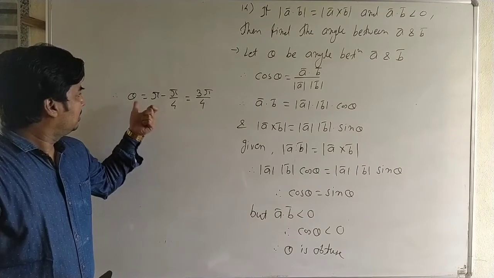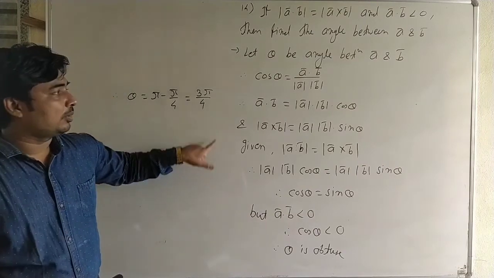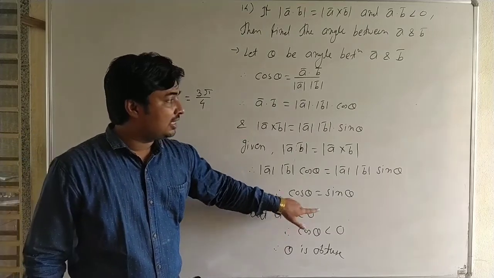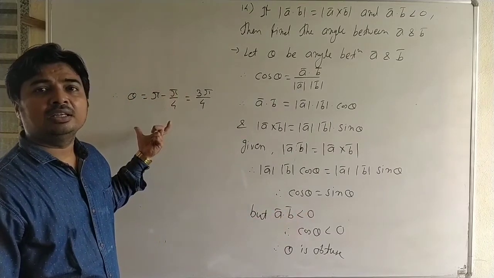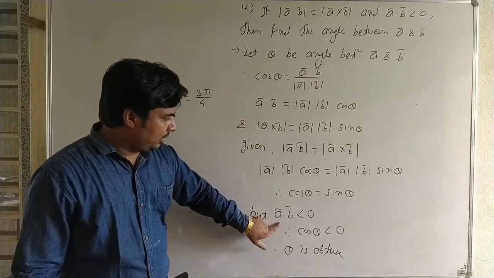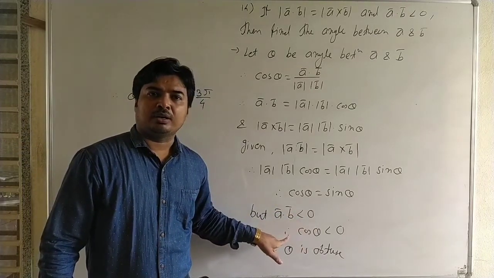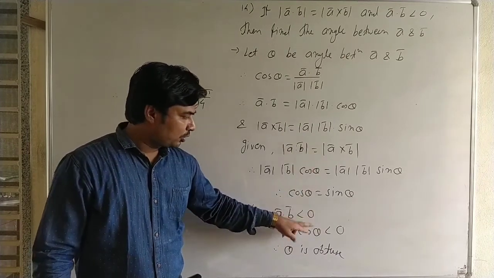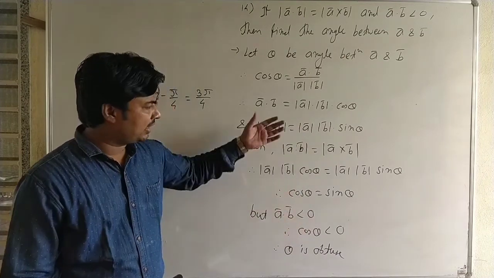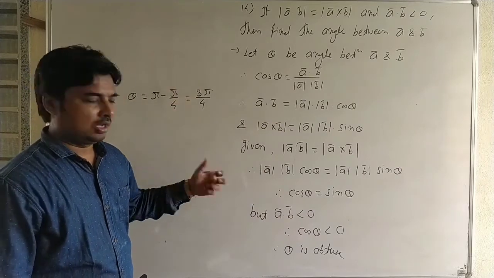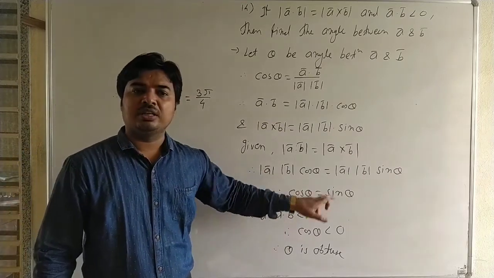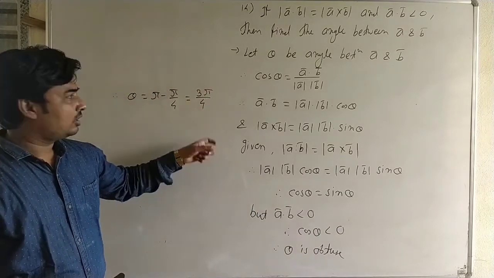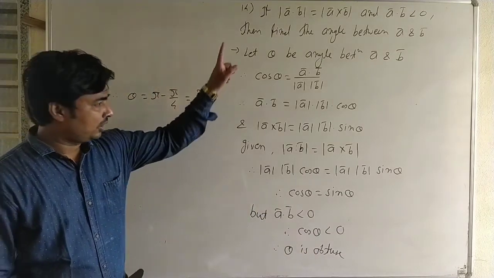Okay, see carefully. When a bar dot b bar is less than 0, the angle is in the second quadrant. If a bar dot b bar is greater than 0, that is positive, theta is an acute angle, then theta is equal to pi by 4. But here a bar dot b bar is less than 0, therefore theta is in the second quadrant, that is 3 pi by 4. Okay, see carefully.